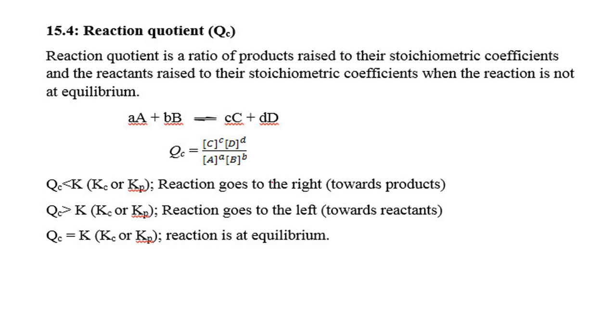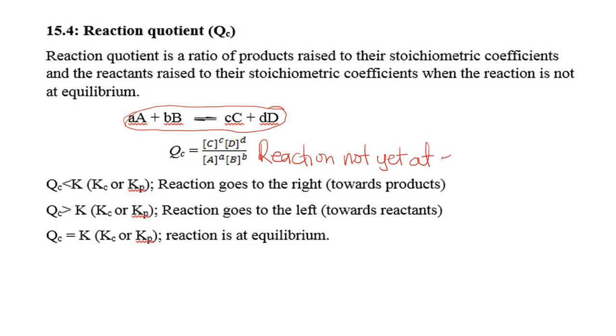So if you have a reaction like this one, the same reaction that we had last time, the expression will be the same, but this means the reaction is not yet at equilibrium. That's what it means.